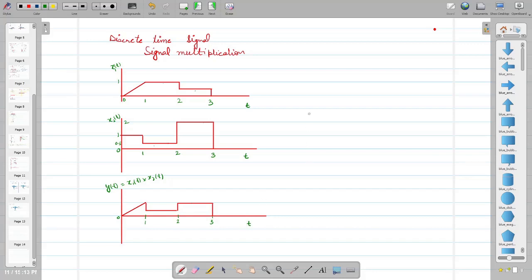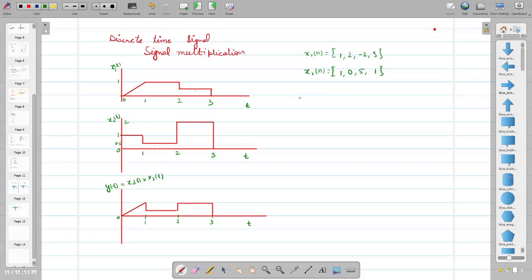In the same way, we can also perform this operation for the discrete one. If x1(n) is defined by the sequence of 1, 2, minus 2, and 3, and another sequence x2(n) is equal to 1, 0, 5, and 1.